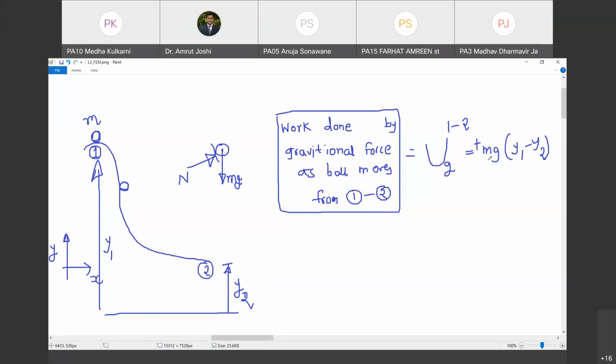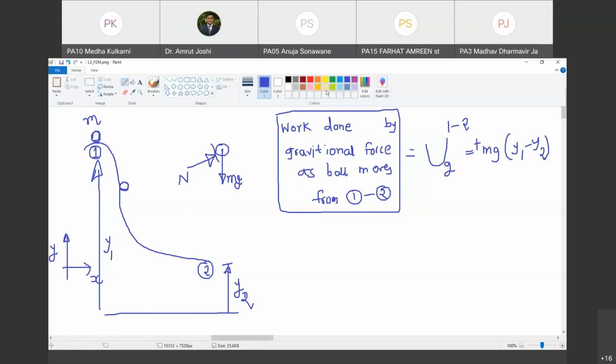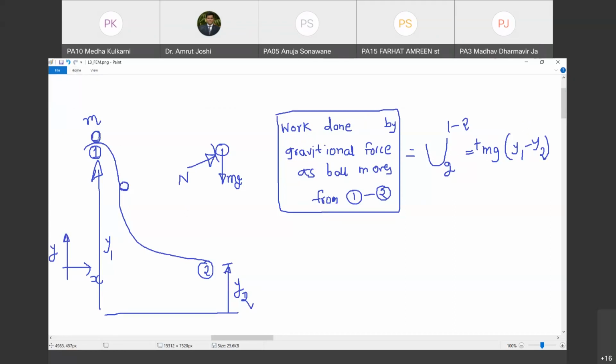Yes sir. Now we are going to repeat this exercise but along a different path. Are you with me? Yes sir. So now from 1 the object moves to 3. And how much is this distance? y3. Happy? Yes sir.